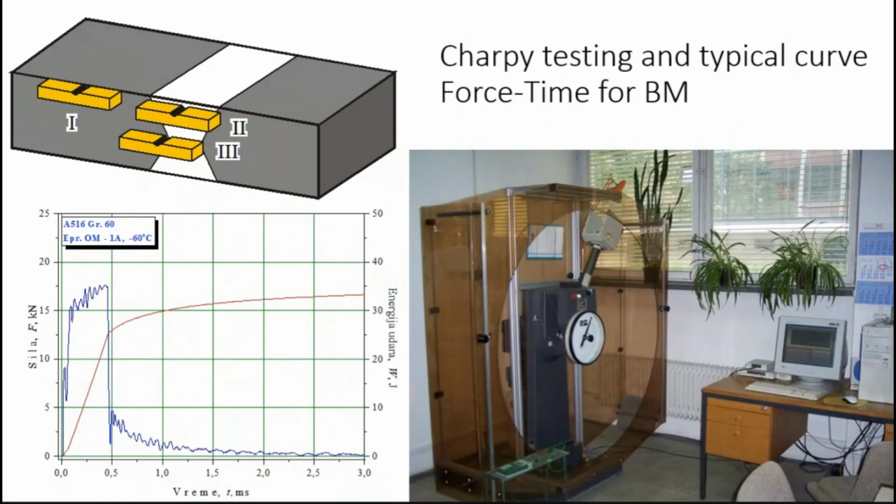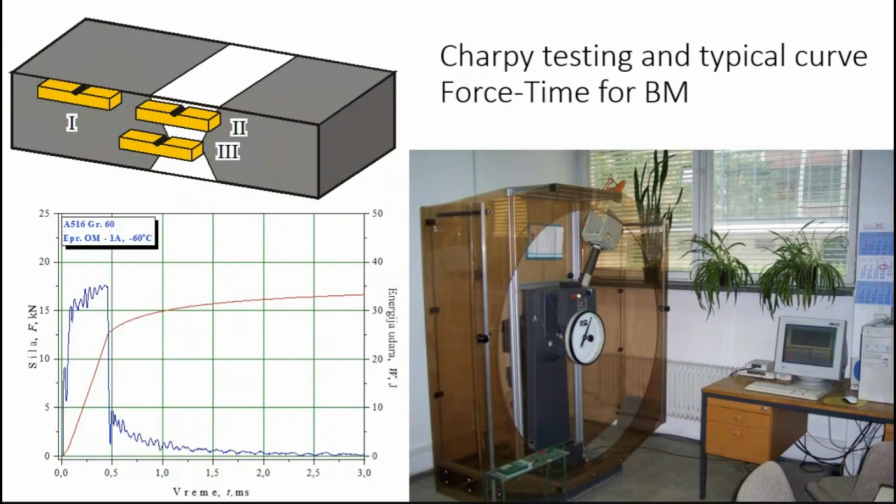If we have a material with low crack initiation energy, then we have to be much more careful with its initial state. To be extreme, I can say such material must not contain cracks.